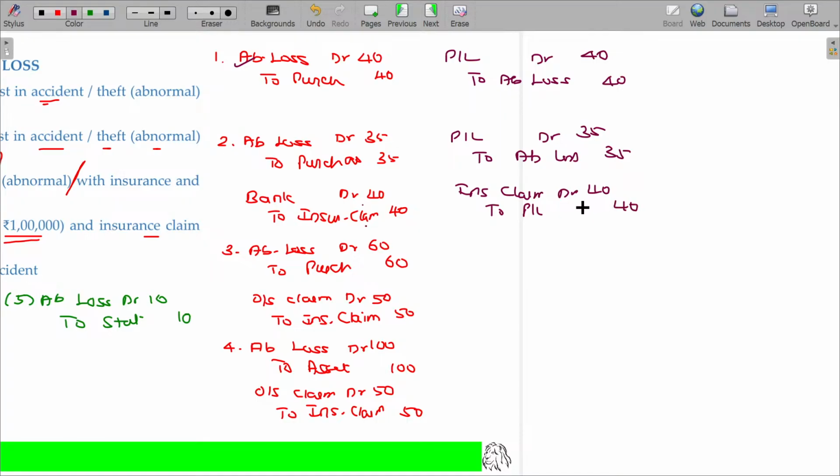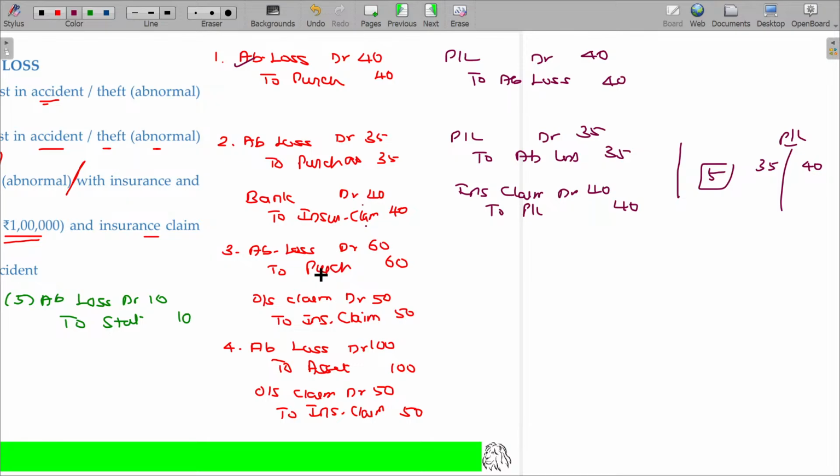Because of this, we end up with 5 rupees gain, isn't it? Loss 35, claim received 40, gave you 5 rupees net gain. Anyhow, in your P&L account, 35 is on the debit side, 40 should be on the credit side.